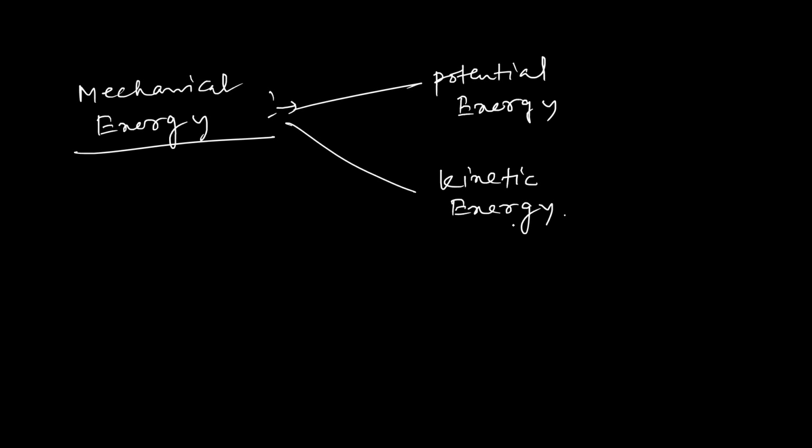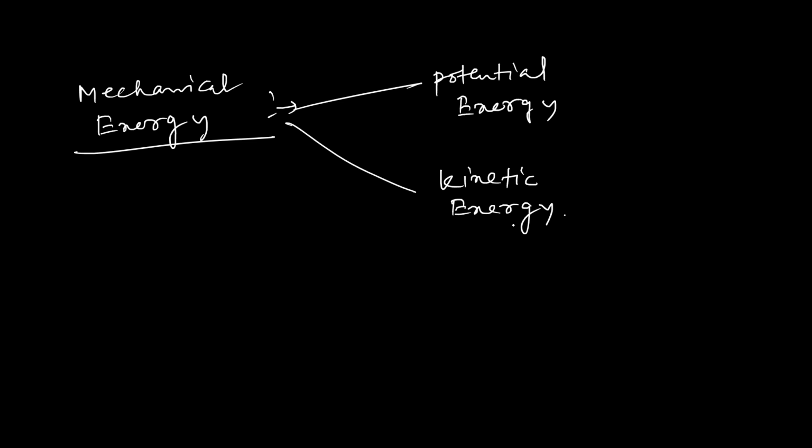Mechanical energy means whatever energy is present in a particular object with respect to its state, whether the object is at rest or in motion. The mechanical energy is determined by the state of the object.